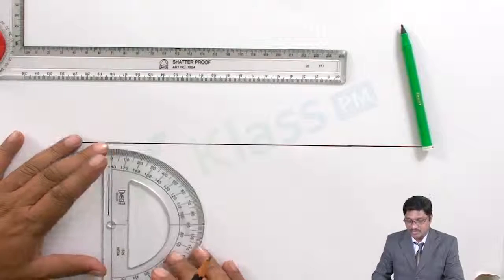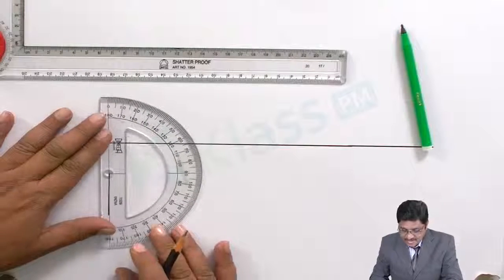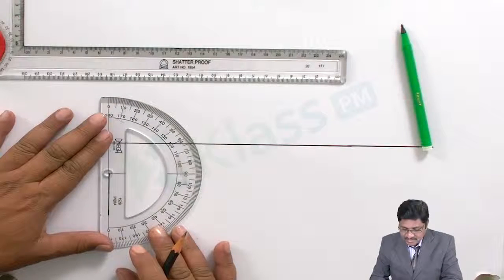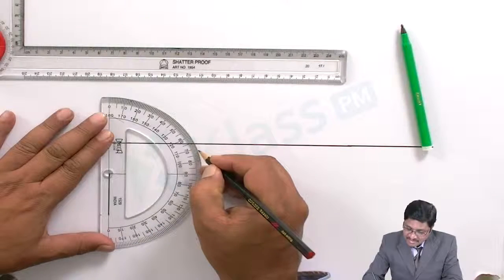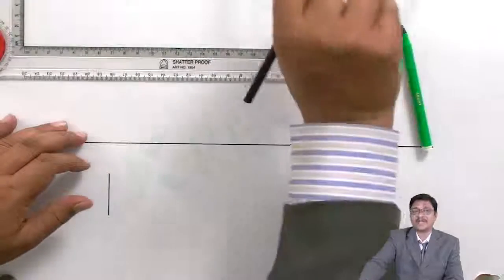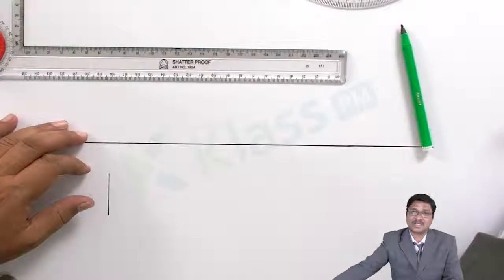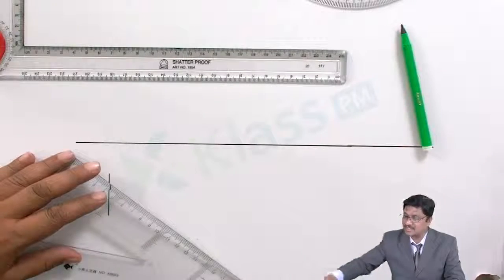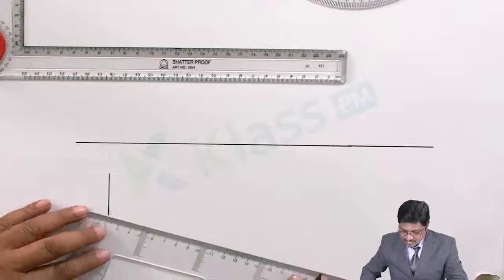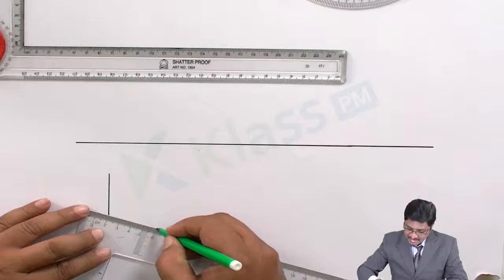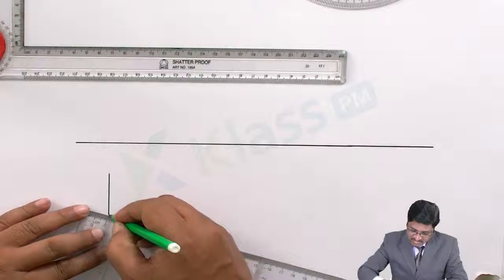Similarly, place the protractor at the other end and measure 108 degrees. Now take the scale and, along the angular direction, mark the side equal to 40.